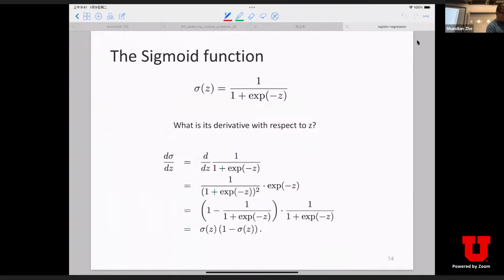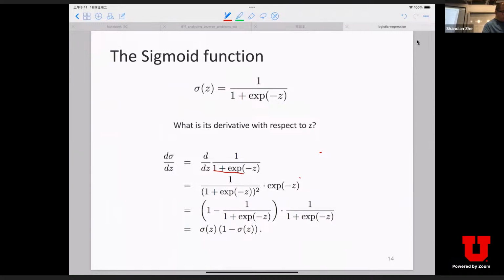You take the square of the denominator and then take the derivative of the exponential term. When you view this as a whole, taking the derivative of something like 1 over z, you get a minus sign in front of it, and then when you take the derivative of this term, you get another minus sign. So the two minus signs cancel out, and that's why we end up with this.